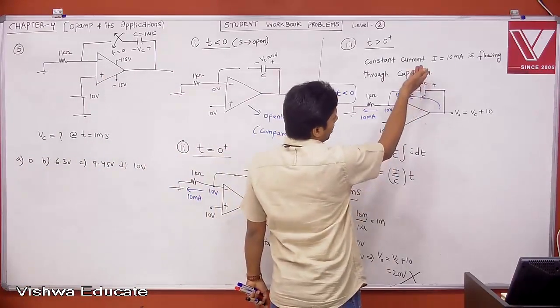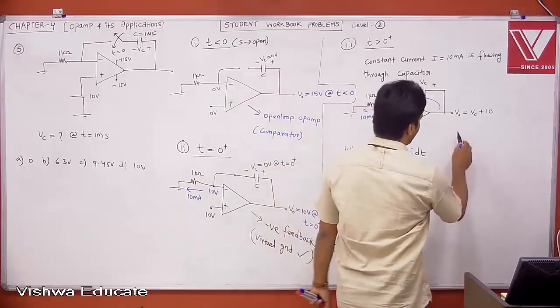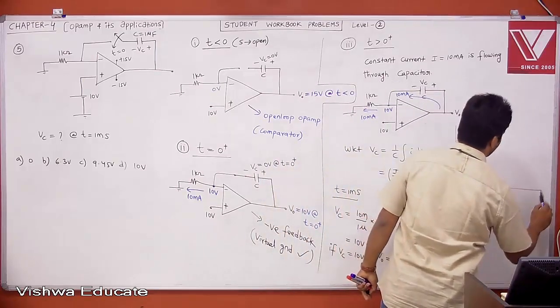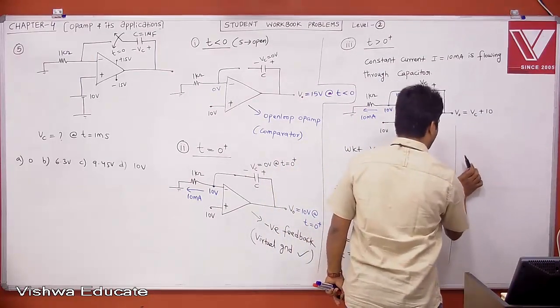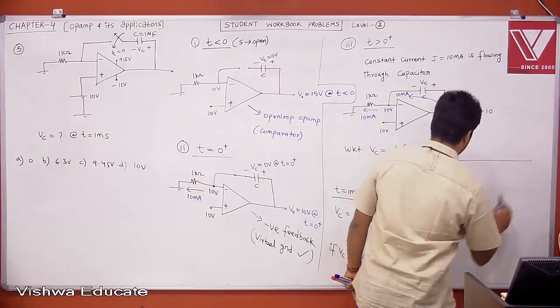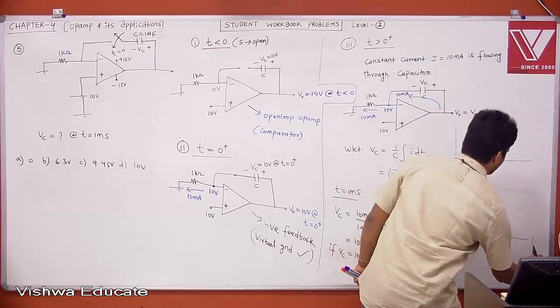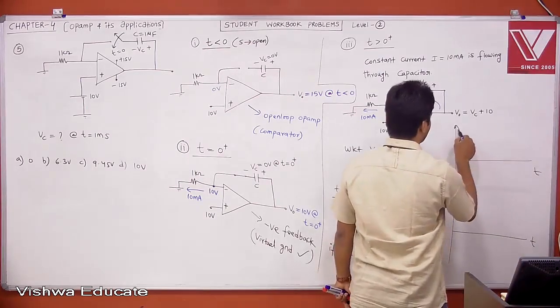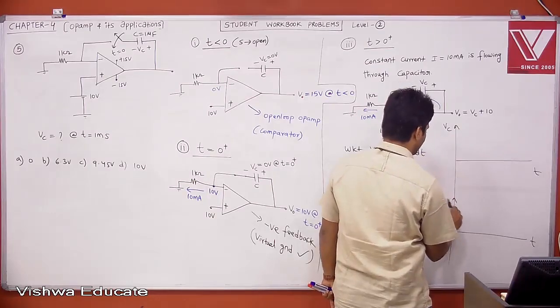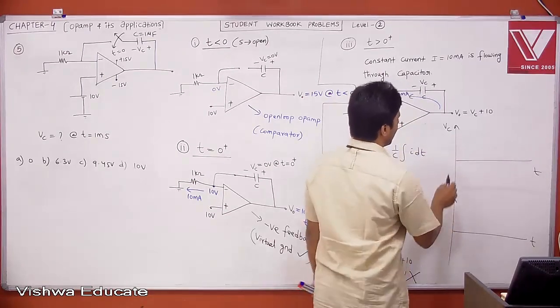Therefore, you know what will happen? Let us say this is the voltage across the capacitor, and this is your output voltage, and this is time t. Timing diagrams are very important. Vc, and now this is V0. Just listen. This is time t equal to 0.